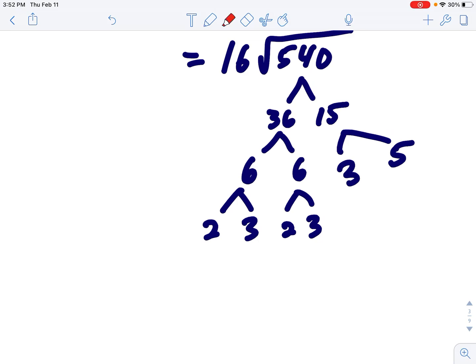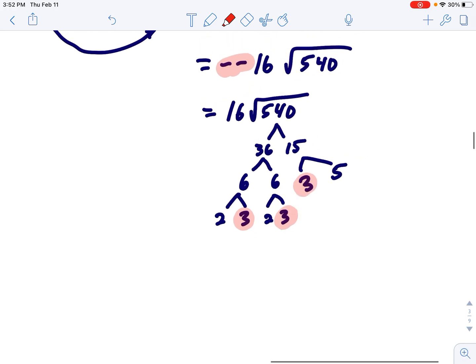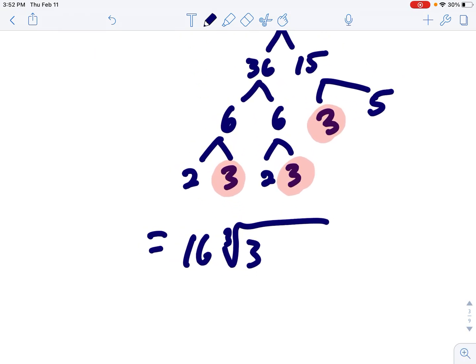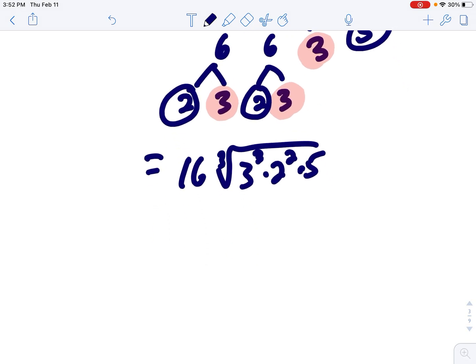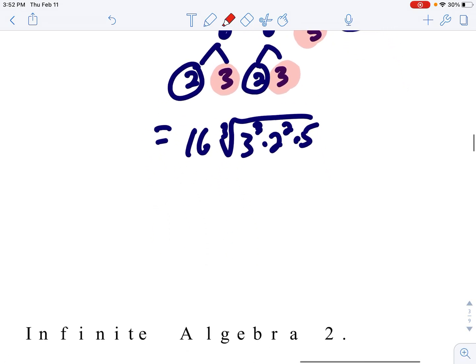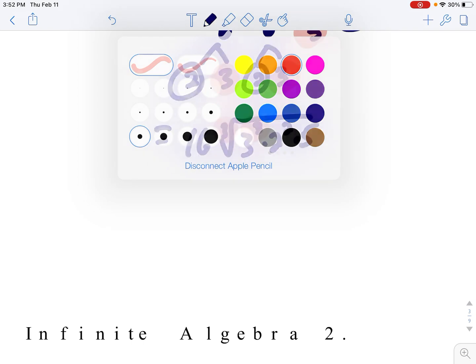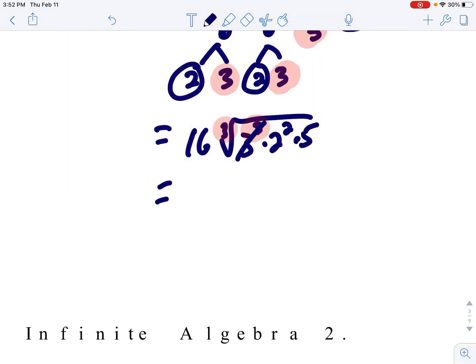So we're looking for 3 of a kind. Looks like I've got 3 3's. Where am I going to write this? Right here, 16 square root. I have 3 3's because I'm doing a cube root. Sorry, not square root, cube root. 3 to the third power. I have 2 2's, 2 to the second power, and 1 5. The cube root and the cube are going to cancel each other out, so I can bring out that 3.